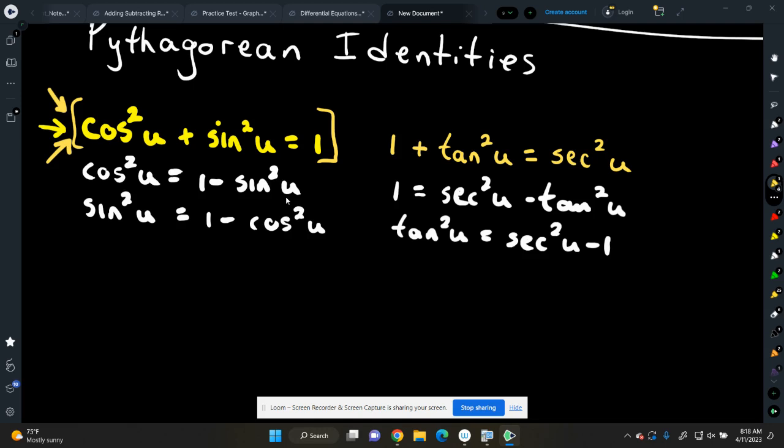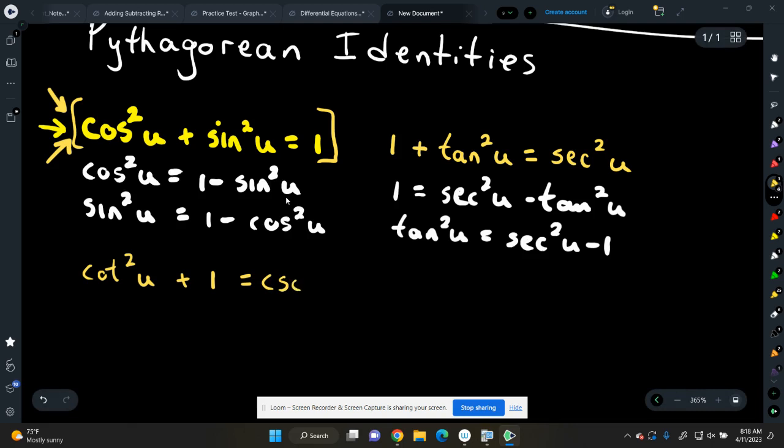Cosine squared divided by sine squared gives us cotangent squared, right? We're dividing everything by sine squared, so sine squared divided by sine squared is 1. And then we have 1 divided by sine squared, which is cosecant squared. See if you can come up with the other two identities that come from this one.